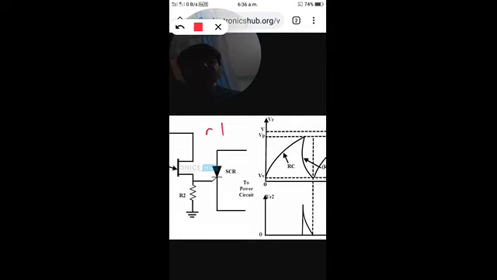The UJT will become off, so this path will be closed and no current flows through.